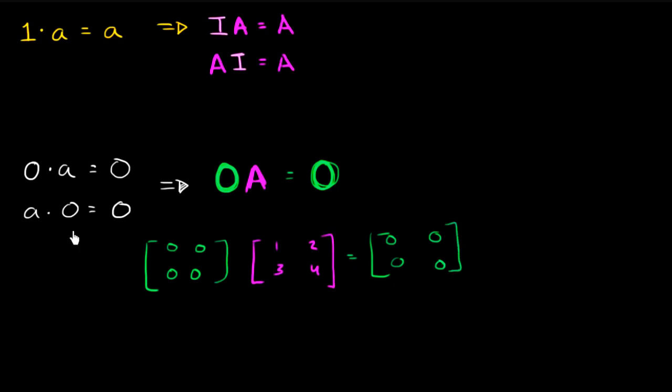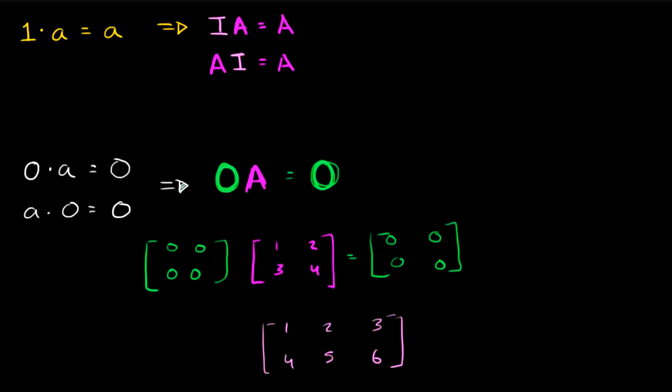And just to make the point clear, let's say we had a matrix 1, 2, 3, 4, 5, 6. So over here, we want to multiply this times, let's see, in order for the matrix multiplication to work, my 0 matrix has got to have the same number of columns as this one has rows.